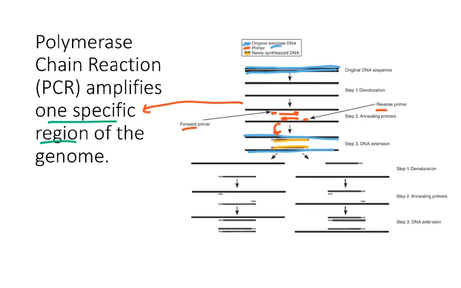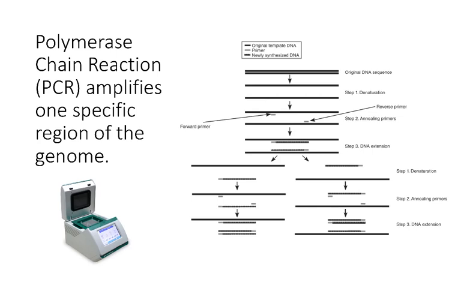And then this happens over and over again, and that's how you end up with so many copies of this newly synthesized DNA. Those new copies are made in this machine called a thermal cycler.